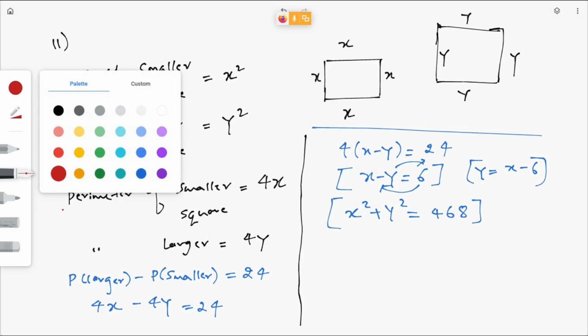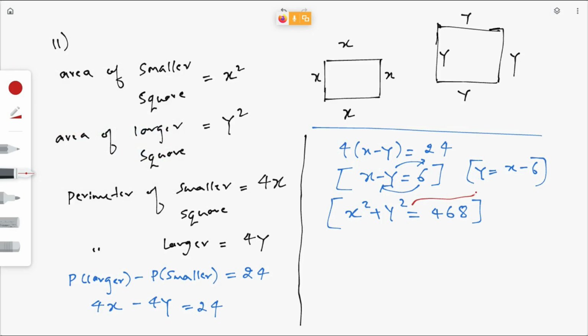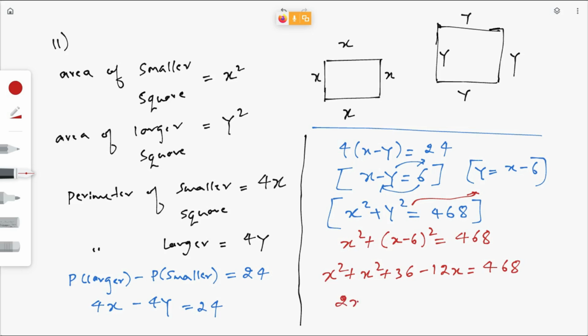Now just replace y by this. You will get x square plus (x minus 6) whole square is equal to 468. Now expand this: x square plus x square plus 36 minus 12x is equal to 468. So 2x square minus 12x plus 36 minus 468 is equal to 0.